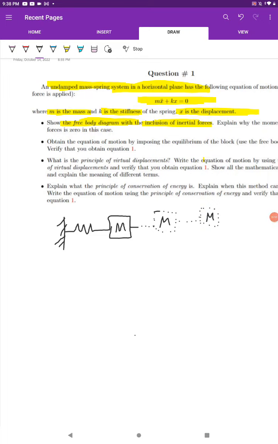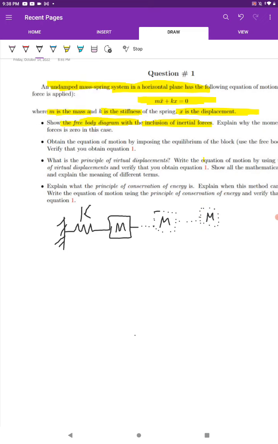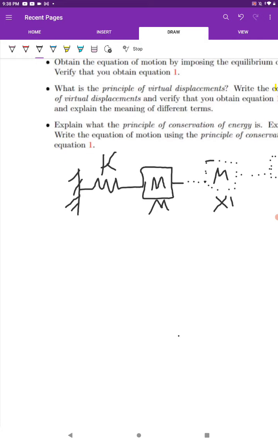As you can see in this sketch, we have the spring, which is represented by k, and we have M, and then x1 is the first displacement and x2 is the second displacement. Now we draw the free body diagram. So we're gonna have M, and then mx double dot, and then kx.